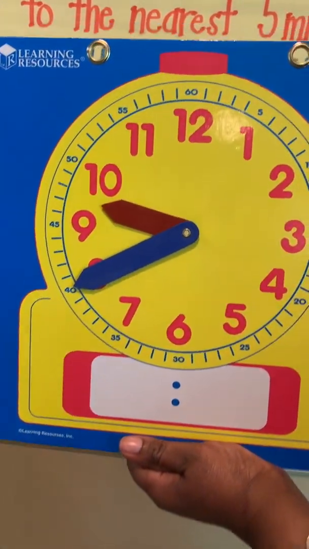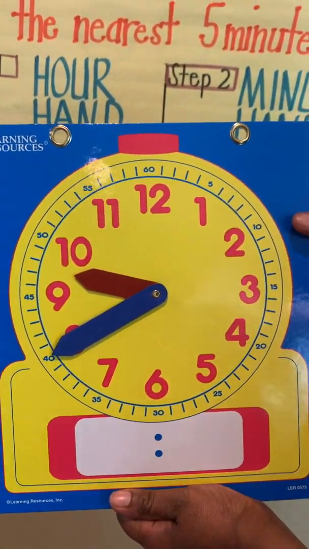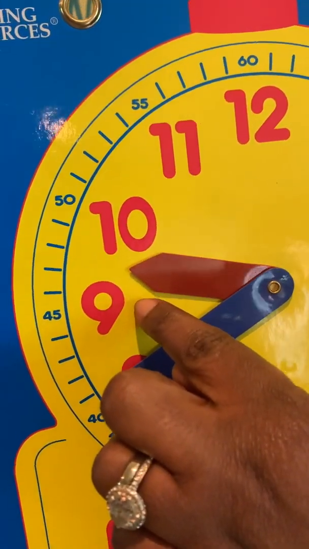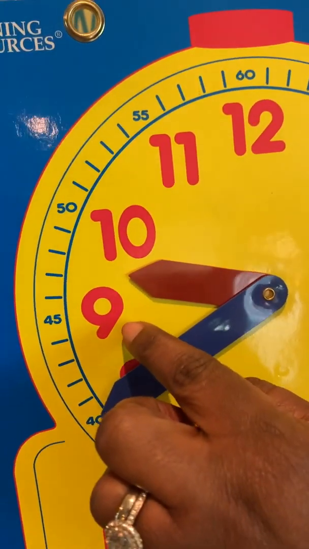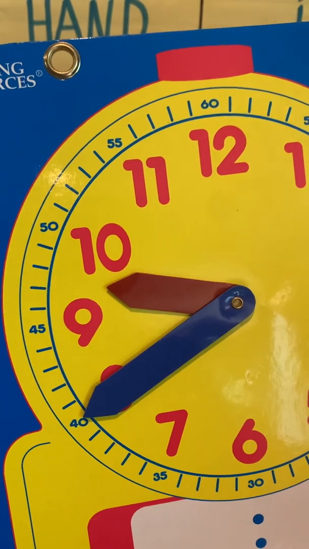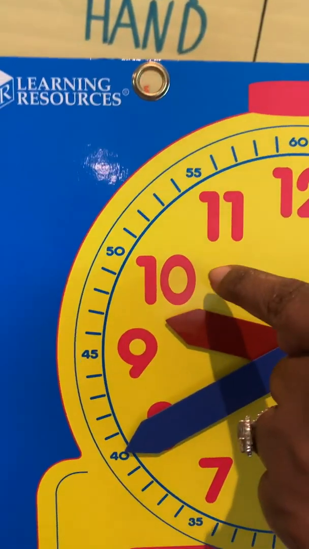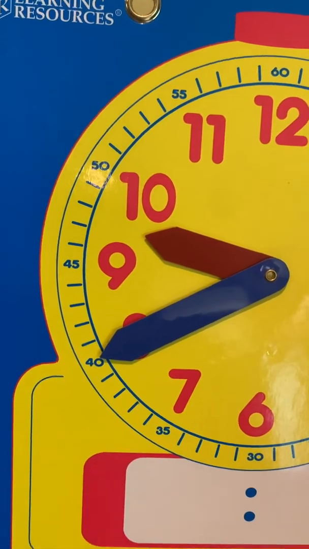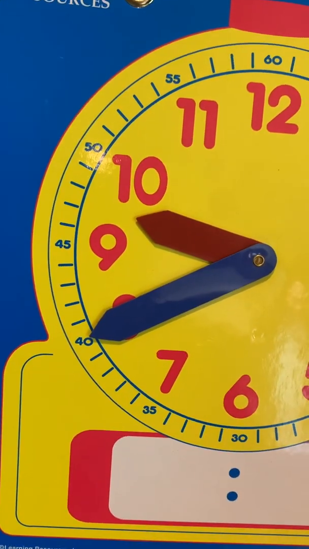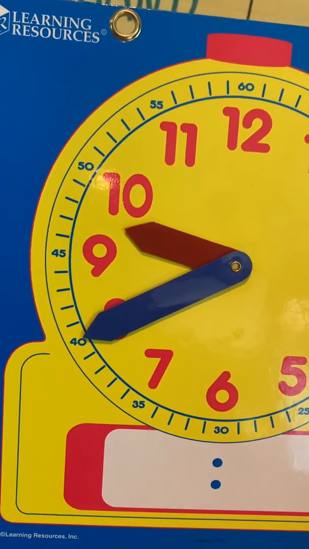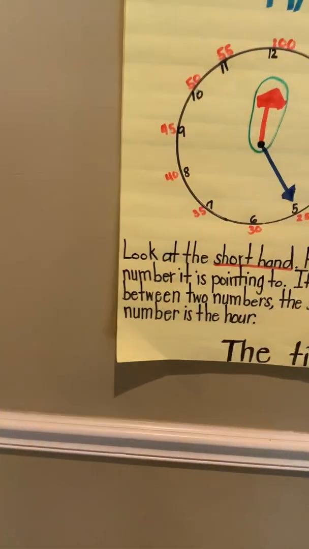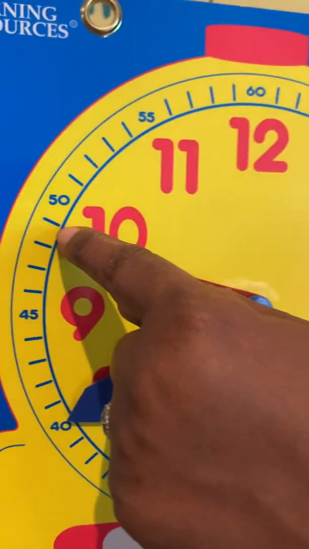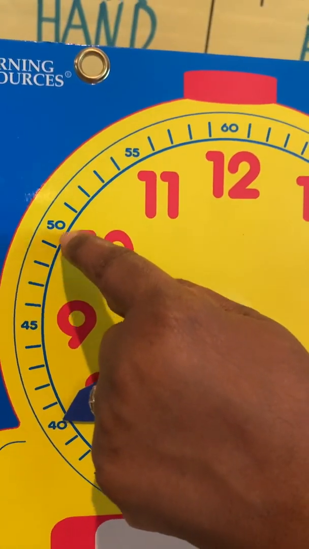So let's look at our hour hand, which is a shorthand. It's right here. Is it on the 9? No, it's not. Is it on the 10? Not exactly. So how do we determine what the hour is? Well, we know that we just passed the 9, but we haven't gotten to the hour of 10.